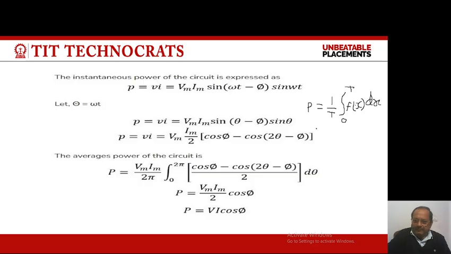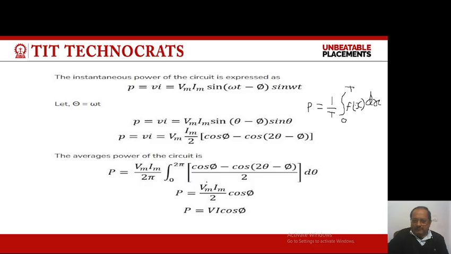So this value is put in this equation and calculated, and the result is P equal to Vm Im upon 2 cos phi.